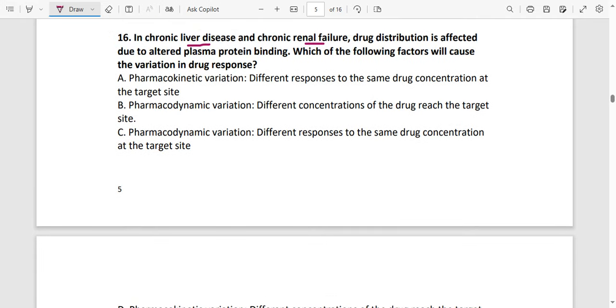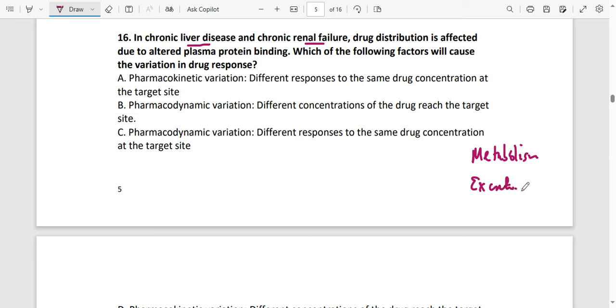Let's analyze the question again. Here we have chronic liver disease and chronic renal failure. We know that when the liver is not working well and the kidney is not working well, we are affecting metabolism, more for the liver, and excretion for the kidney.